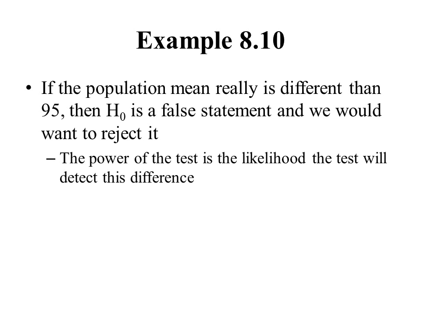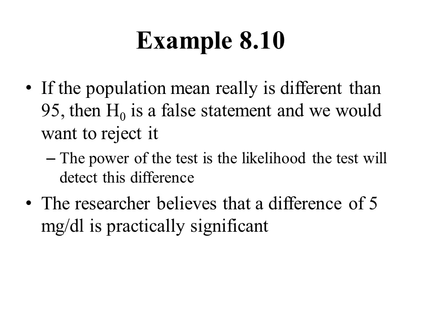So the power of the test is the likelihood that the test will detect this difference. Here the difference we're talking about is the difference between the population mean and this value of 95. And so the researcher believes that a difference of 5 milligrams per deciliter is practically significant.